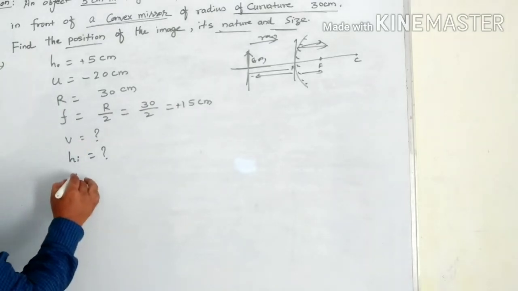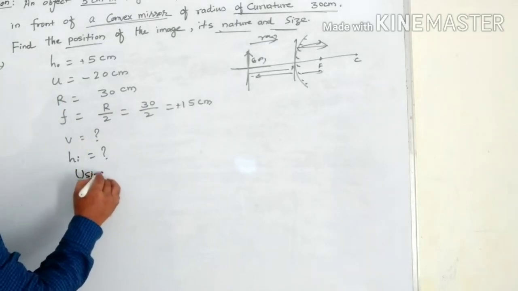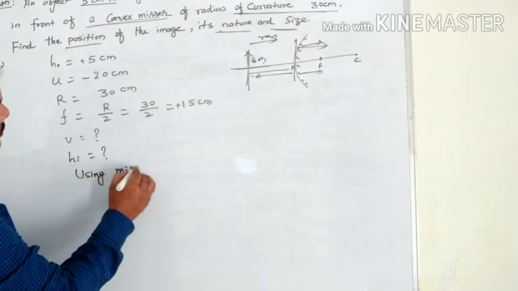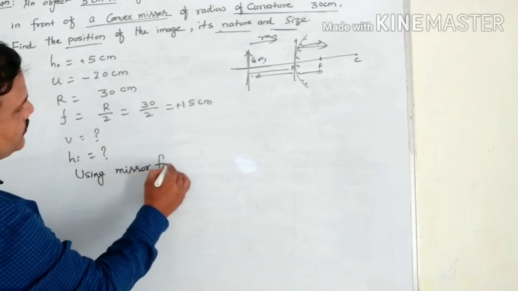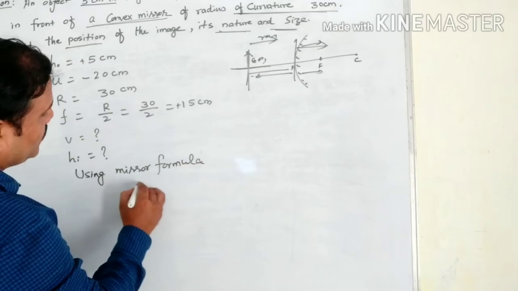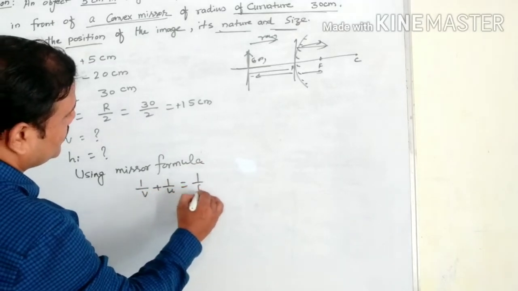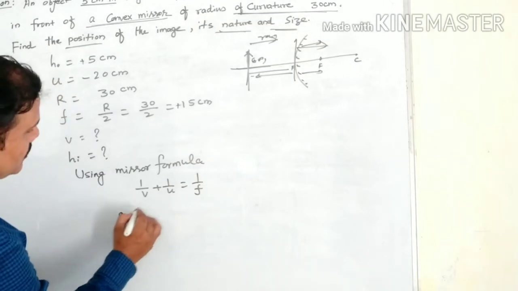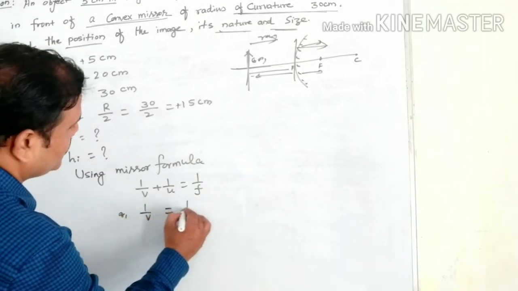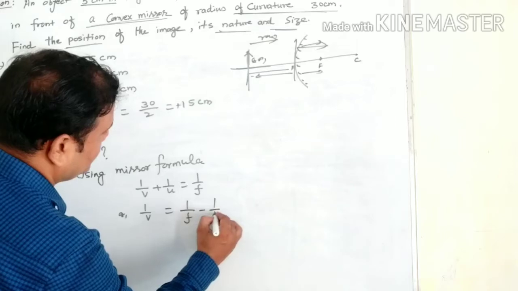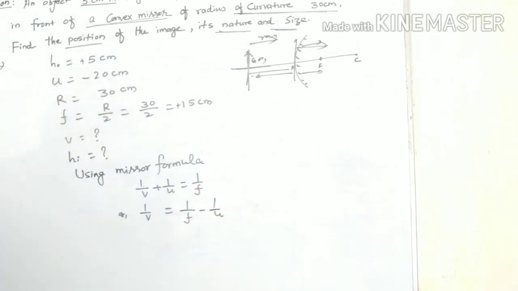Now we will use the mirror formula, that is 1 by v plus 1 by u equal to 1 by f, or 1 by v equal to 1 by f minus 1 by u. I have written it here.